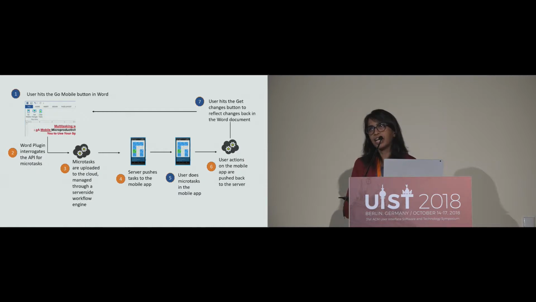Each task has associated with it the original text, the text surrounding it for context, where the text exists in the document, and the status of that text, whether it has changed in the document after it was uploaded to the cloud or it has been changed in the mobile interface after it had been uploaded, so that you can make sure that you're being consistent.